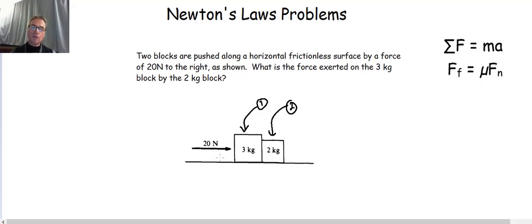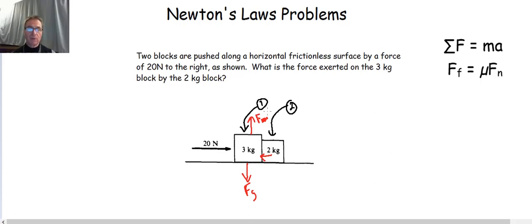We're also going to have a force on the 3 kilogram block due to the 2 kilogram block that's going to be pushing to the left. We have our force due to gravity on the 3 kilogram block, and we also have the thing called the normal force. Whoops, it should just be an N on our 3 kilogram block. Okay, so those are the forces on the 3 kilogram block.